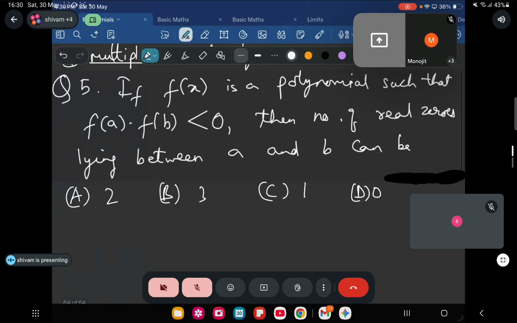Multiple correct type questions. Okay. Another question I am going to give for multiple correct type.